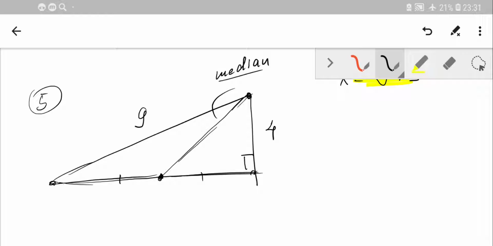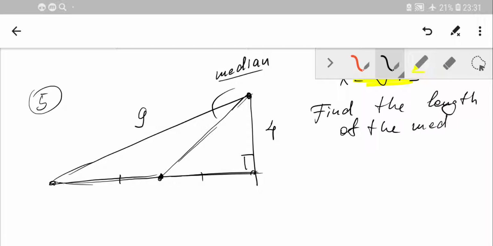So what we need to do is find the length of the median. Okay, if we mark, let's say AB, that's going to be the median.